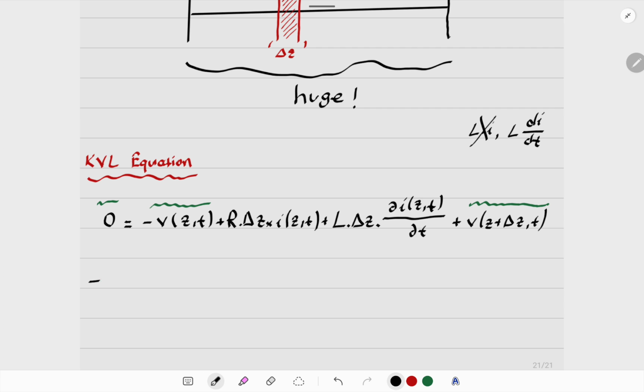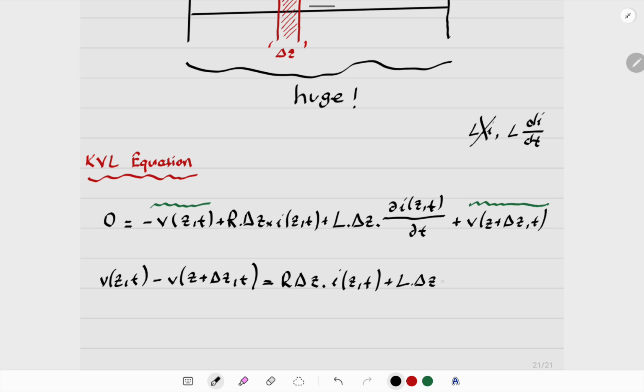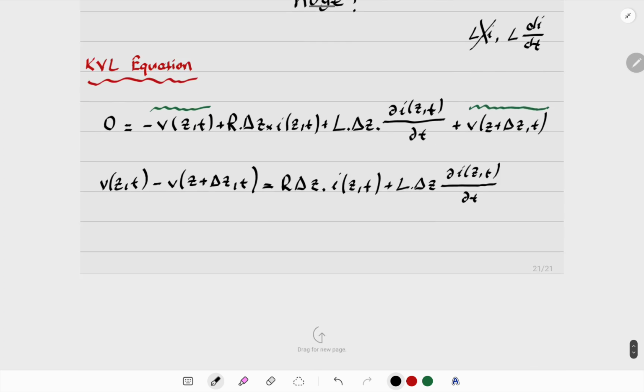V(z,t) minus V(z+Δz, t) equals, still what remains, let's write it faster, R times Δz times I(z,t) plus L times Δz times ∂I(z,t)/∂t. All right, it's great to see actually.